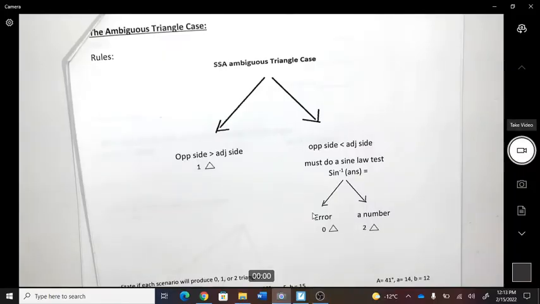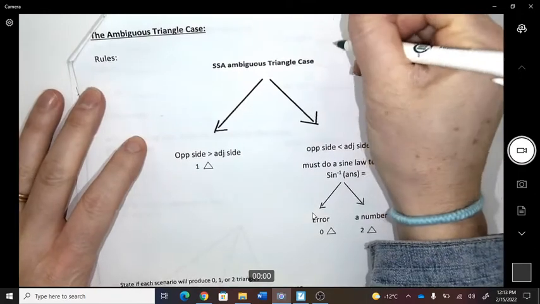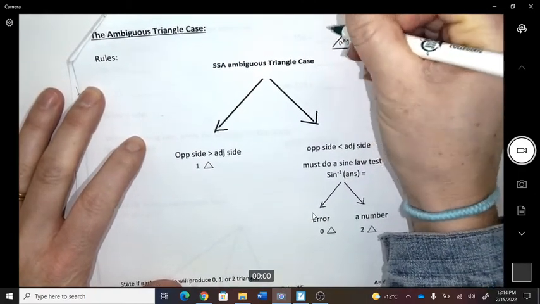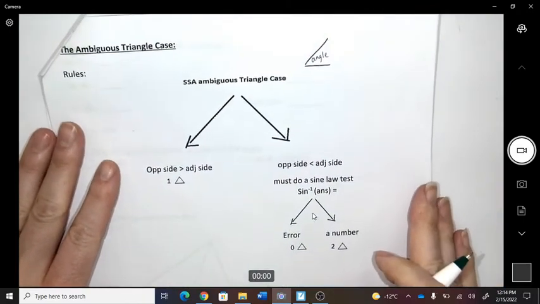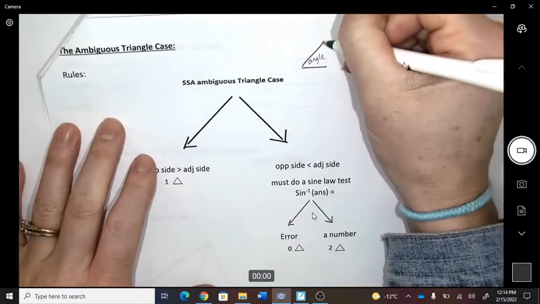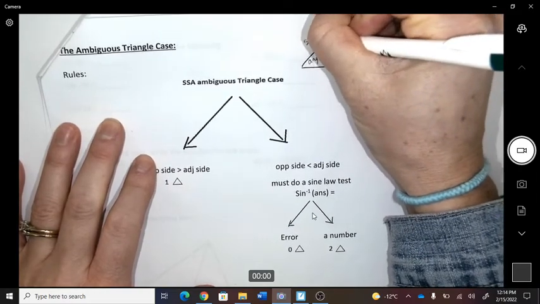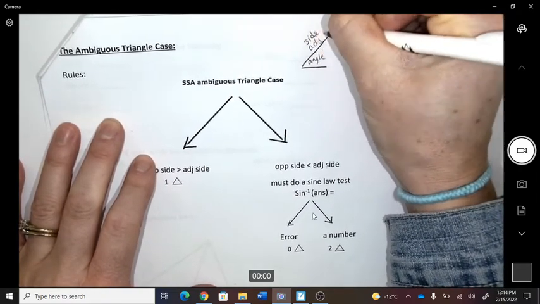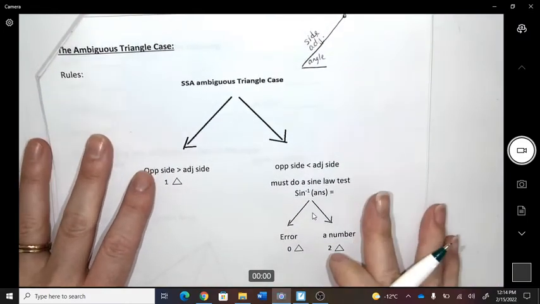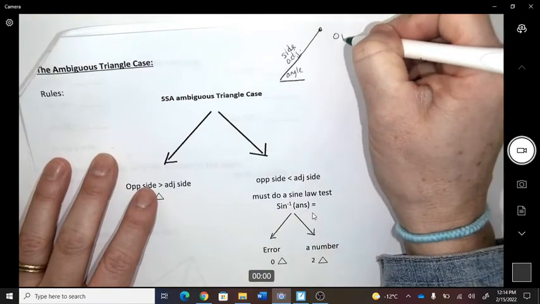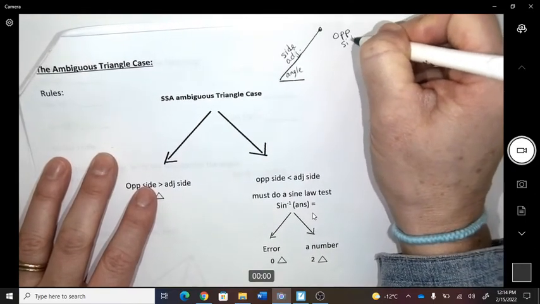Okay, so the last topic is called ambiguous triangle. So here's what's going to go on. I'm going to give you an angle measurement, and I'm going to give you the side that's adjacent, and I'm going to give you the opposite side.